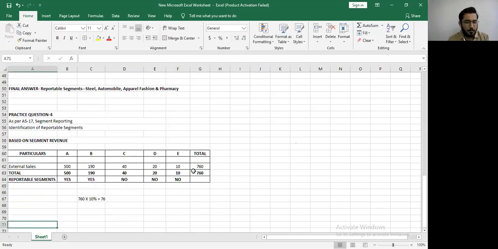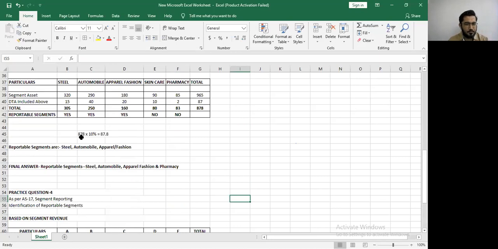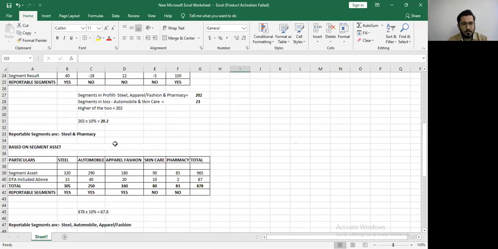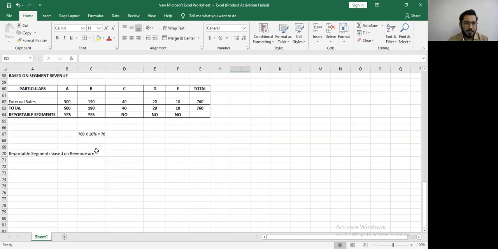Which means, which are your reportable segments based on revenue?